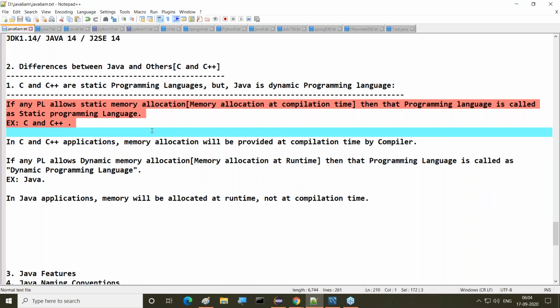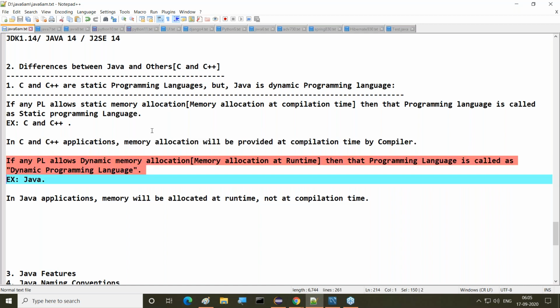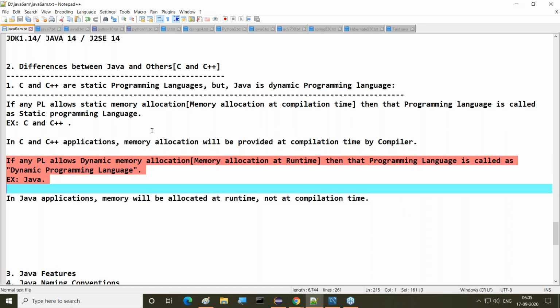If any programming language allows static memory allocation, that means memory allocation at compilation time, then that programming language is called a static programming language. Examples are C and C++. In C and C++ applications, memory allocation is provided at compilation time by the compiler.